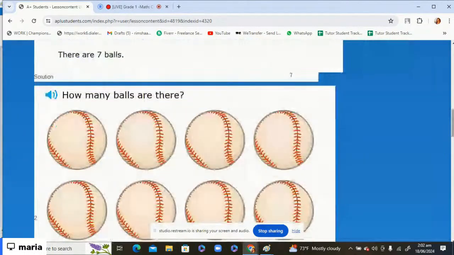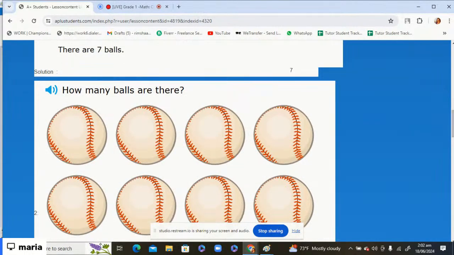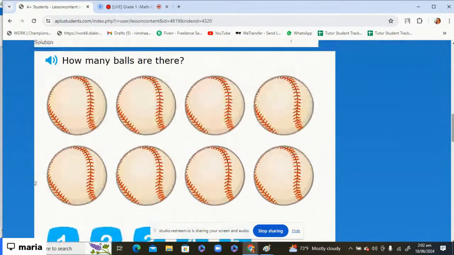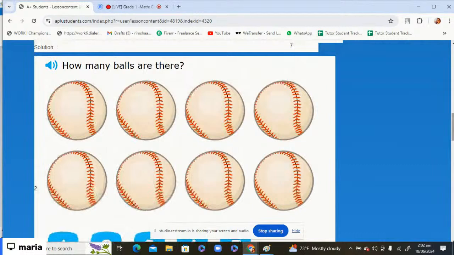Now for the next question, you count it all. How many balls are there? Count it please, and then you tell me the answer. One, 2, 3, 4, 5, 6, 7, and 8.